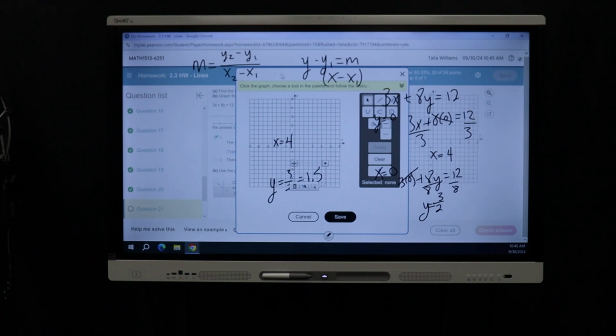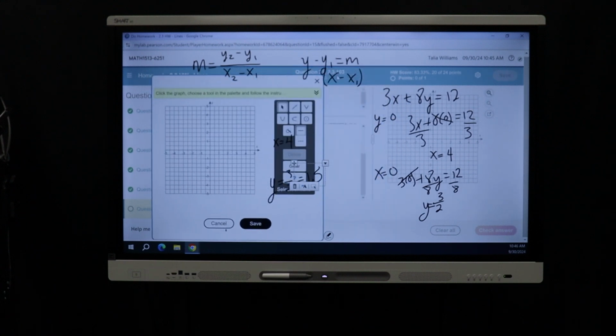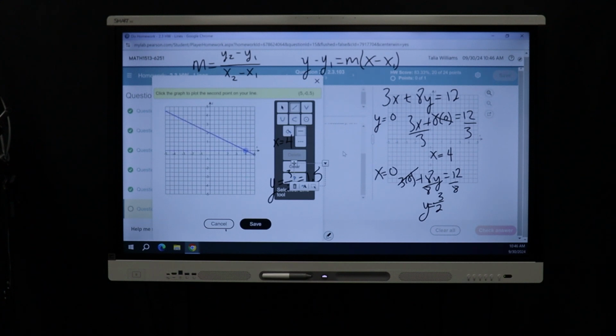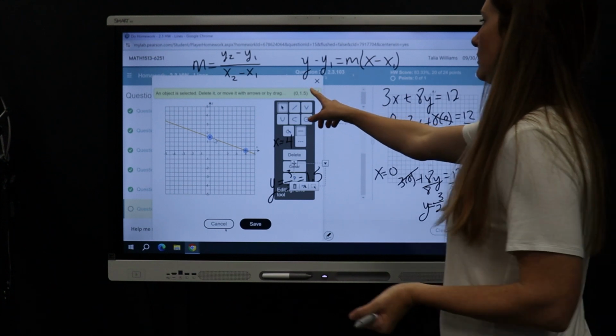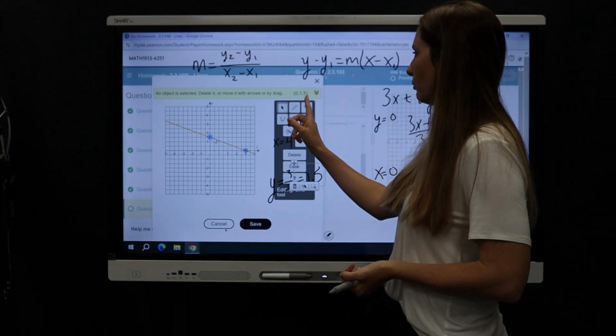Here, let me move it over. Okay. Line, and we have x equals 4. We'll do that. And then our y is 3 halves, but that is 1.5. It shows on here decimals, not fractions, so that's why I wrote 1.5.